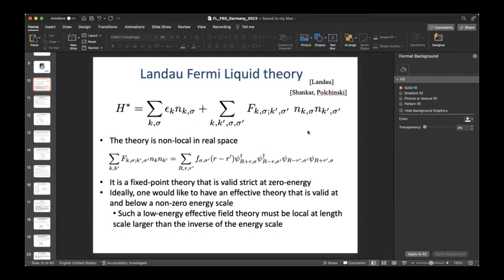If you want to understand the leading term in the small omega limit, beyond the T linear term, then you need to include those non-forward scatterings.